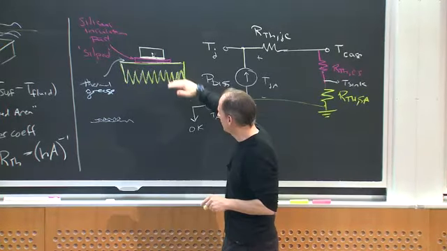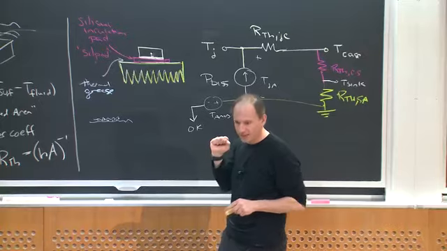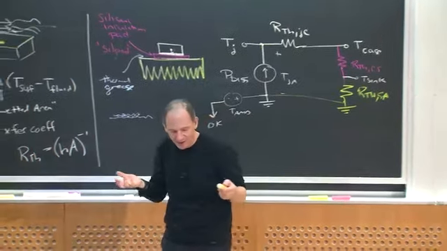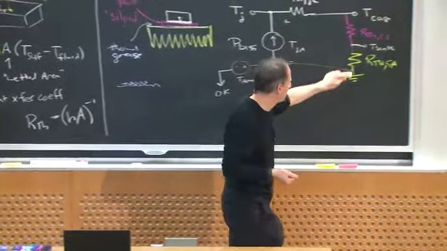Usually as the designer, I'm trying to pick this, right? But if I went out and picked a particular heat sink, I can look up its value of Rth sink to ambient, right?